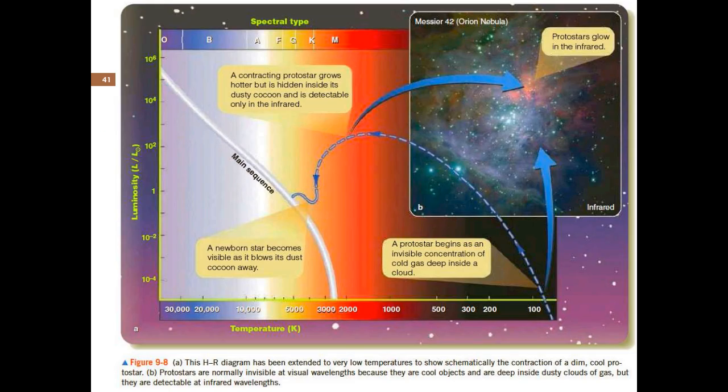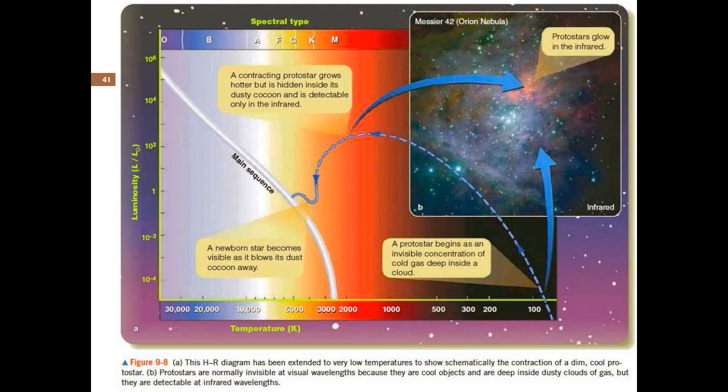So in this image is the HR diagram. This HR diagram has been extended to very low temperatures to show schematically the contraction of a dim, cool protostar. So in image B, protostars are normally invisible at visual wavelengths because they are cool objects and are deep inside dusty clouds of gas which block visible light.